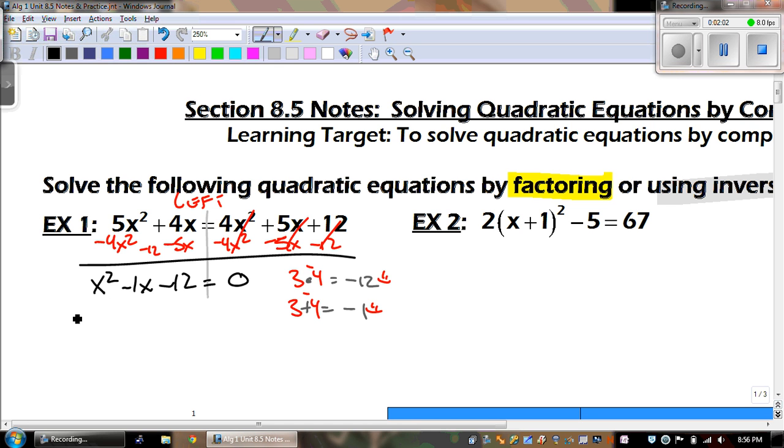And since our leading coefficient is 1, we can go straight into the binomials. We can do that shortcut. And from here, we need to solve it. And we end up getting x equals negative 3 and positive 4.